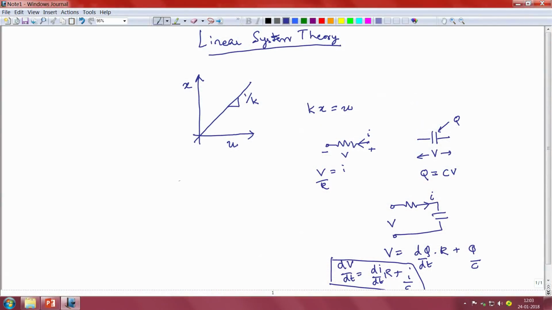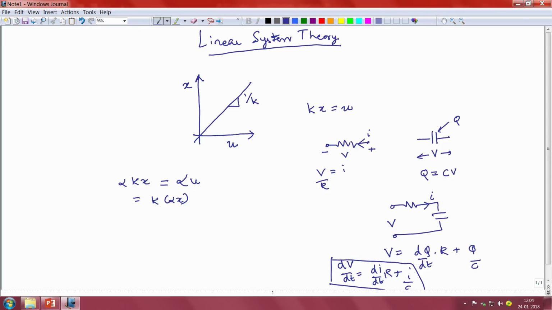One thing you notice is that if the input to the system gets scaled by a factor alpha, so if I apply alpha u as the input to my system, then the output would be of course alpha times kx, which I can write as k times alpha x, or in other words what this equation reveals is that when the input is scaled by a factor alpha, the output also gets scaled by the same factor.